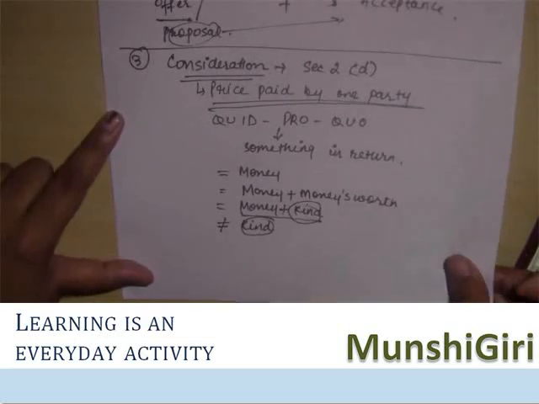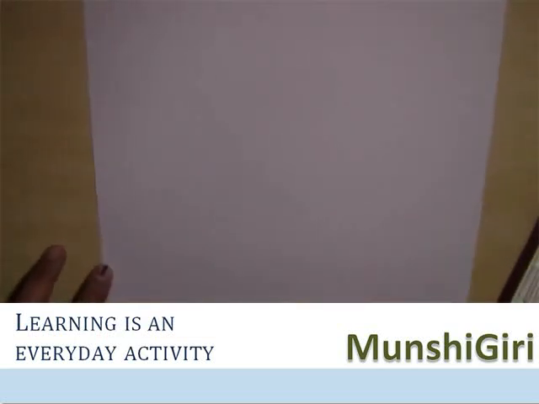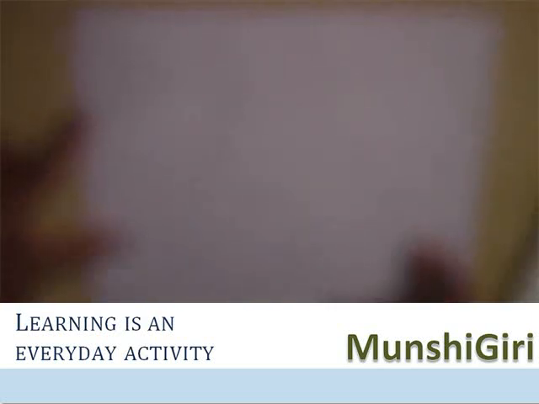Now let's look at the legal definition of consideration as covered by the Indian Contract Act 1872. I've already told that consideration is covered under section 2 clause D of Indian Contract Act 1872.